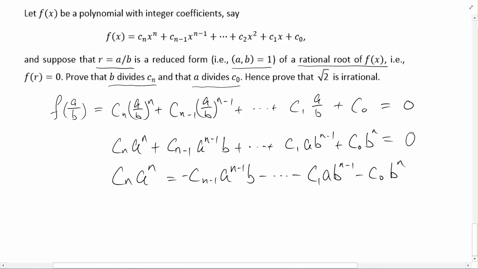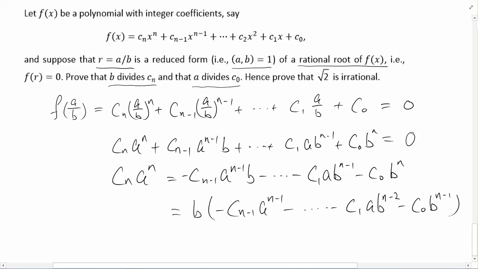Now in all the terms on the right hand side, b is a factor of each of them, so you can take b out. Then you have b times minus Cn minus 1 a to the power n minus 1, the second term, up to the second last, minus C1 a b to the power n minus 2, and minus the last term C naught b to the power n minus 1.